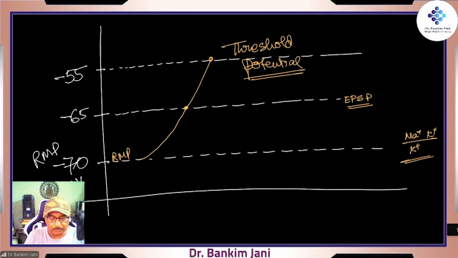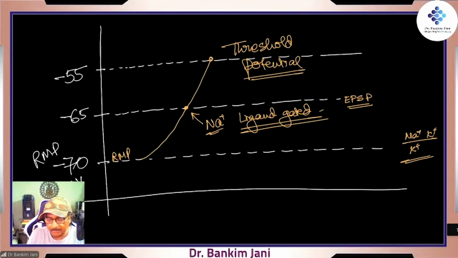So what we need to understand is that over here, this is because of the sodium channels, and it is ligand gated. Because of the neurotransmitter, it is happening, and it is slow. This is a slow phase.